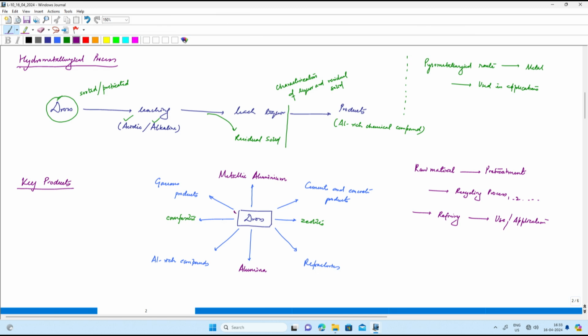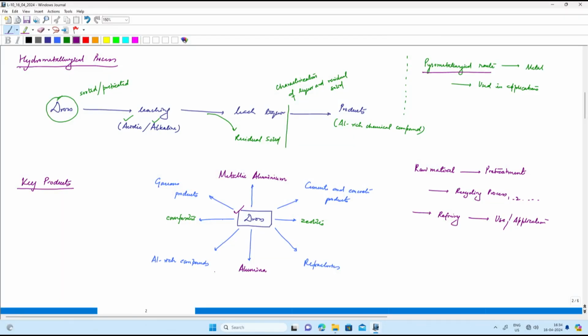So, from dross, the first and the most important product that has been described is, of course, metallic aluminium, and it is produced by the pyrometallurgical route. We just take the raw material, the dross, and we melt it either in the RSF or the SFT, and we achieve our goal of producing molten or metallic aluminium.